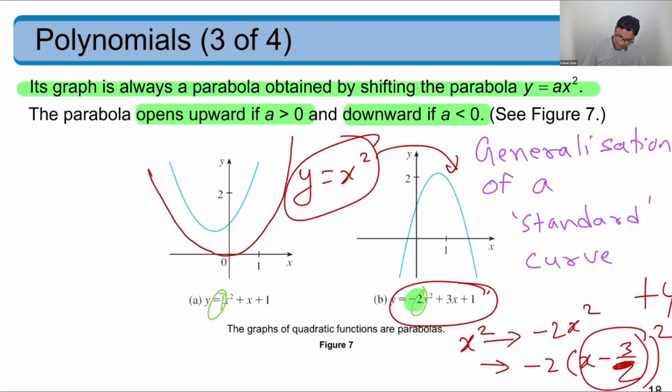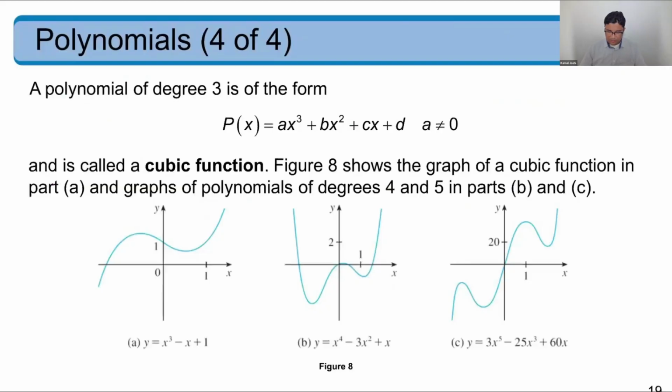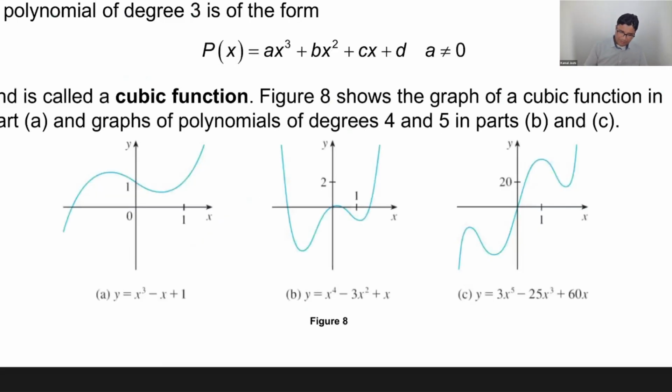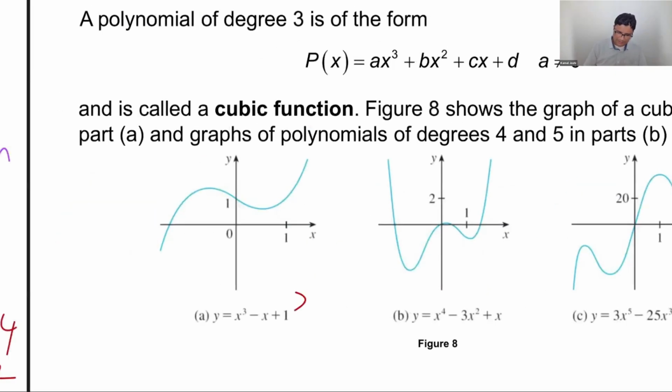So what I'm getting at is, whenever you have a general polynomial, ax squared plus bx plus c for quadratic, it represents a shift or stretch or some transformation of the parent graph, which is y equals x squared. The same thing with higher degree polynomials. If you see the middle diagram or the left one here, it is a cubic polynomial. And how is this obtained?